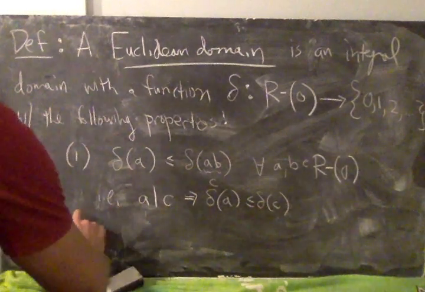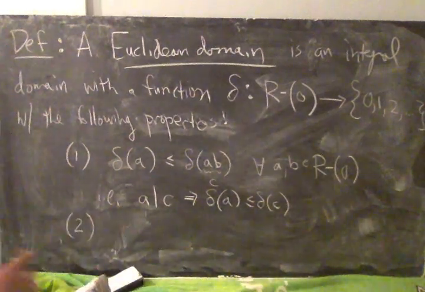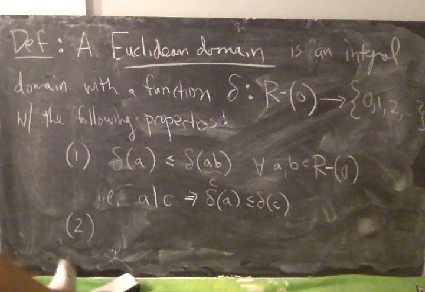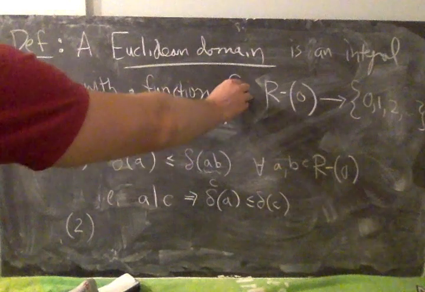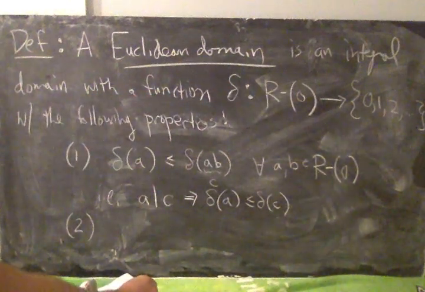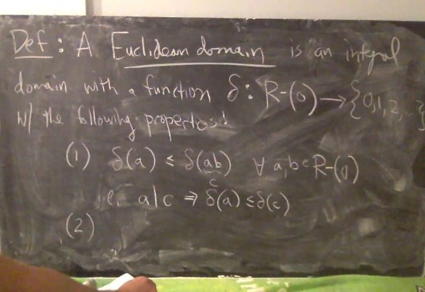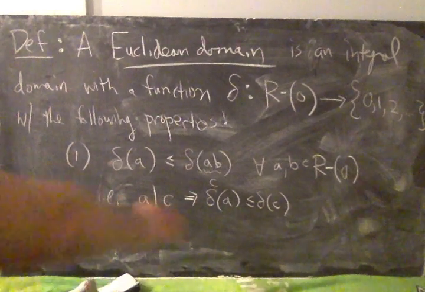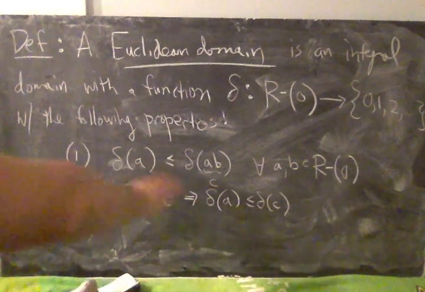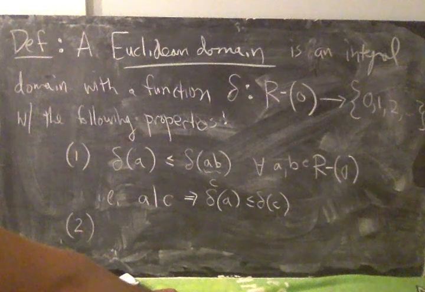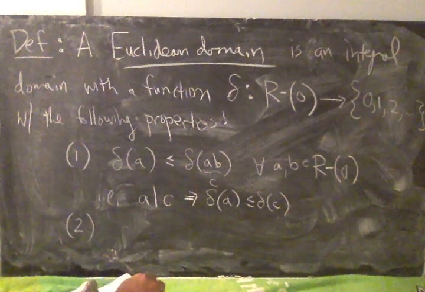And then the second one, the real key thing, is the division algorithm. This function delta is a way of measuring the size of things in your ring, which plays nicely with divisibility, and it allows you to measure the size of a remainder under division.